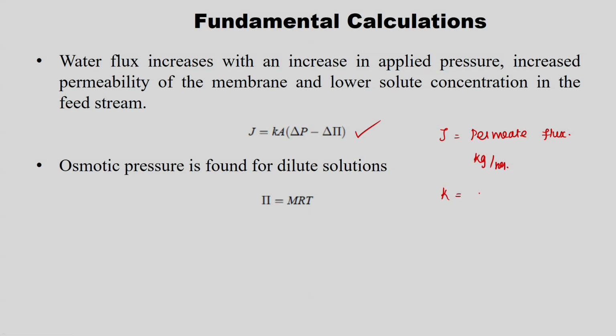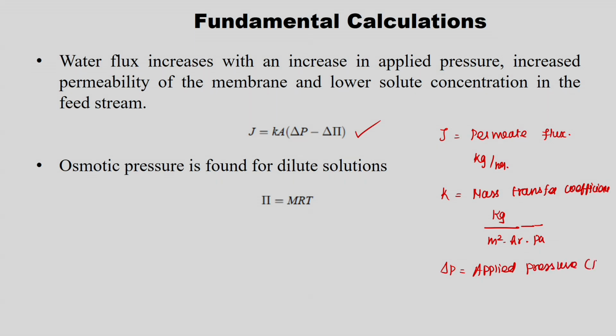K is the mass transfer coefficient, in kg per meter squared per hour per Pascal. del P and del pi are in Pascal. del P is the applied pressure, also in Pascal.